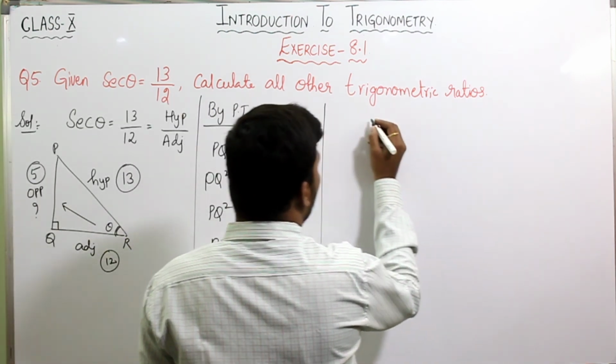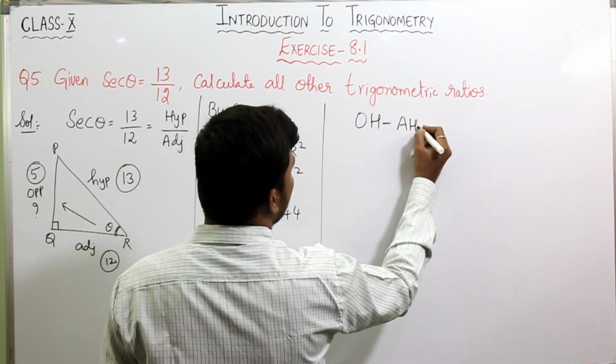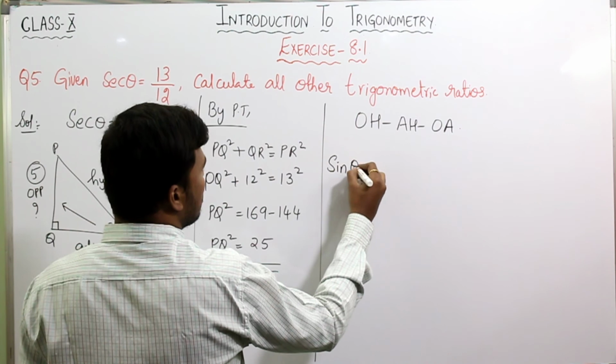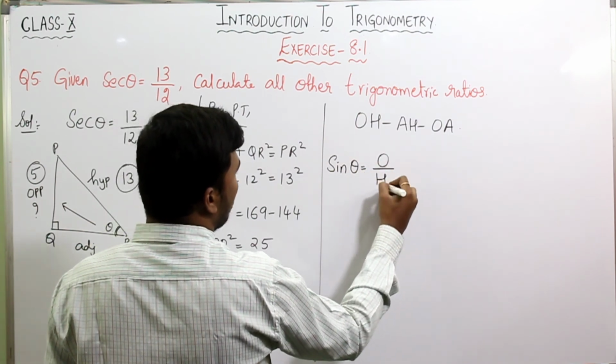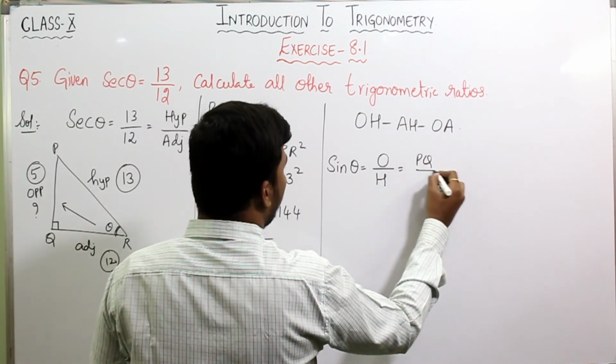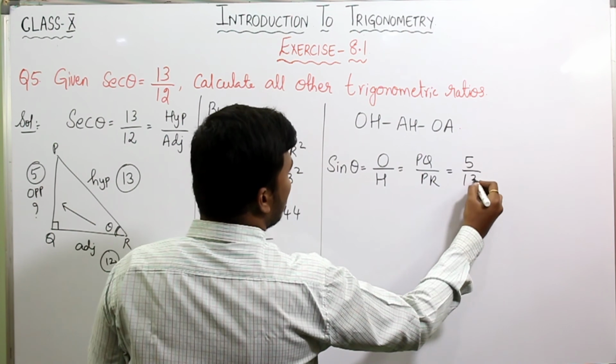So we have to write all the 6 trigonometric ratios. So remember the old Harry and his old aunt trick. First, sin theta, opposite by hypotenuse. What is the opposite side here? PQ. PQ by PR, which is equal to 5 by 13.